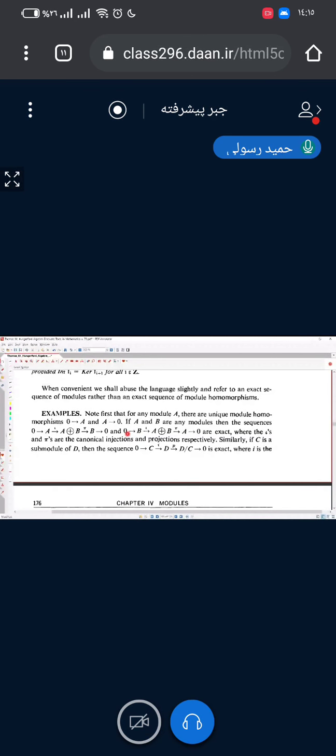It is not hard to verify that, for example, this one is exact. Let me show this one. This is L. We must show that image of L equals kernel of P. Why is this equal?